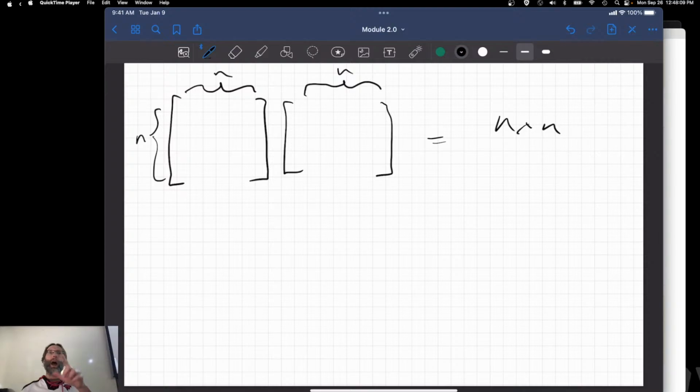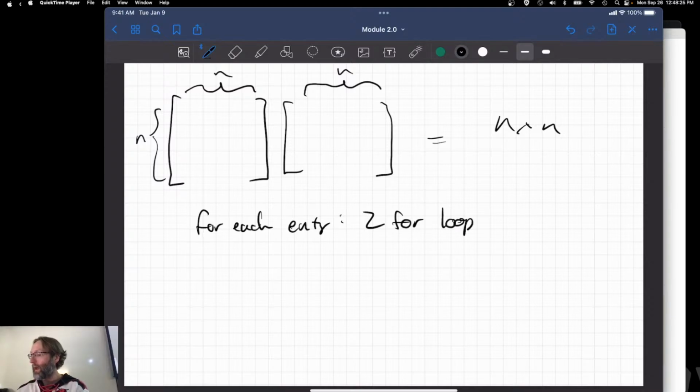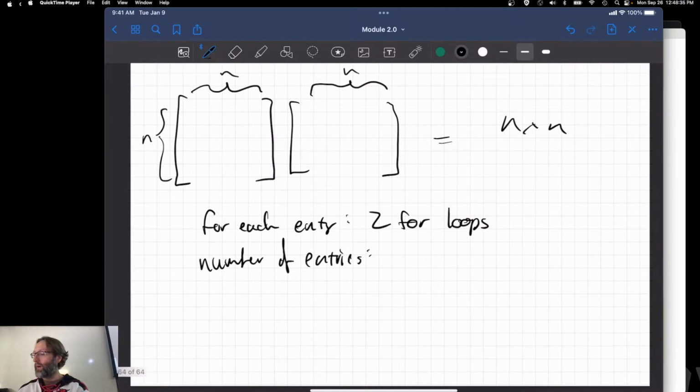Ultimately, it's good. How many nested loops though? For each entry, yes. For each entry, it would be 2 for loops. Now, how many entries are there? N squared, right?